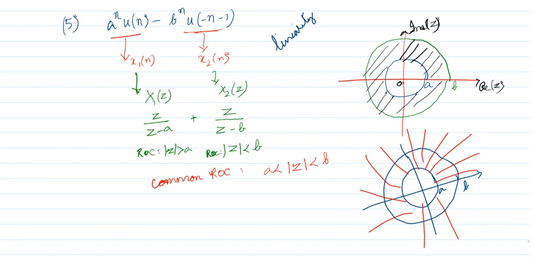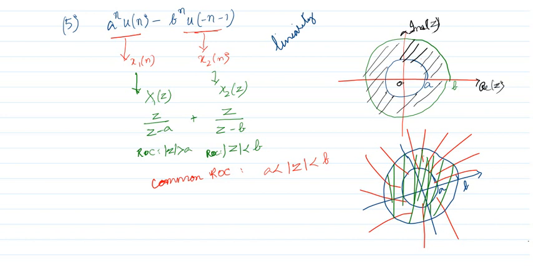For the second condition, magnitude of z should be less than b. I will use some other color, green color. So this is the b circle, the circle of radius b. It should be inside that, right? So can you find which region is common?